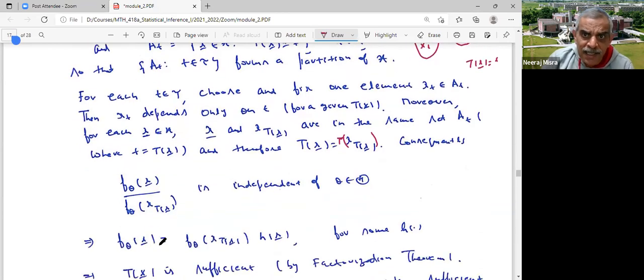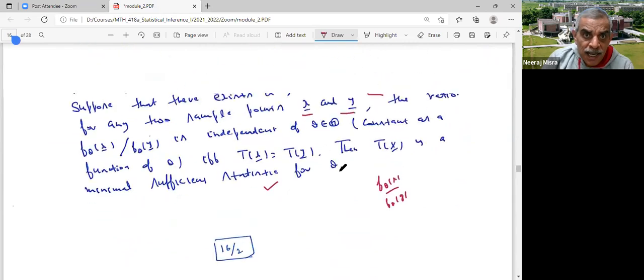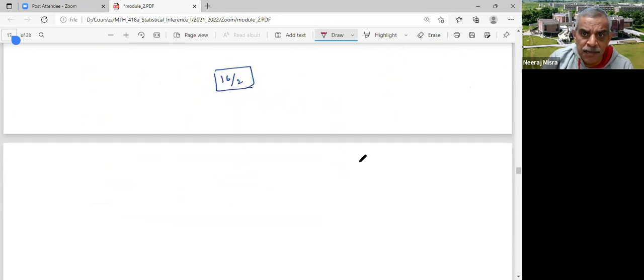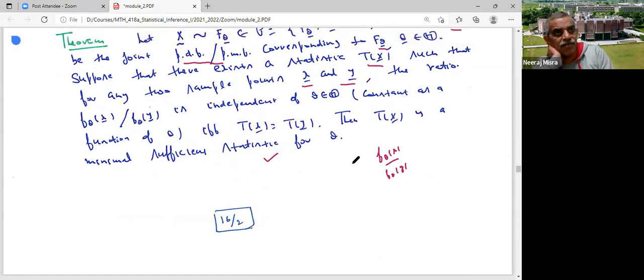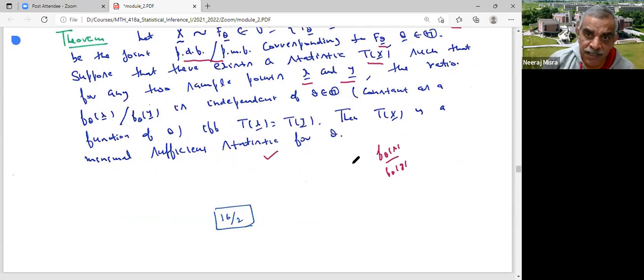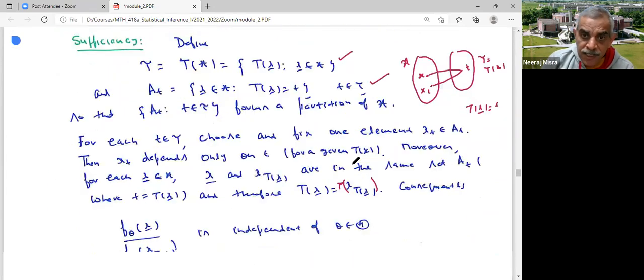So consequently, we know that f_theta(x) upon f_theta(y) is independent of theta if and only if Tx is the same as Ty. That means independent of theta implies Tx equals Ty, and Tx equals Ty implies that f_theta(x) upon f_theta(y) does not depend on theta.